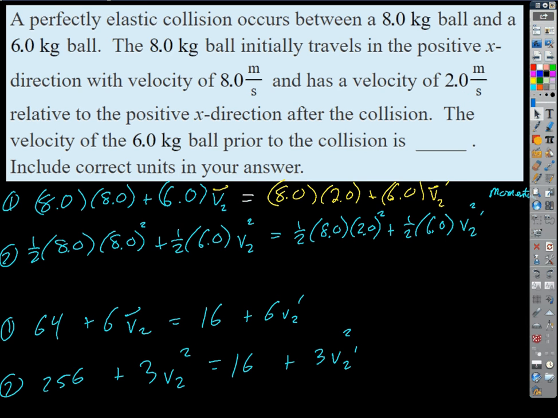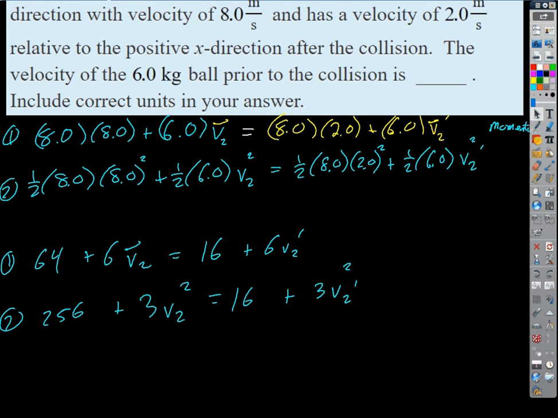So remember, we just said equation 1 is the equation we get from conservation of momentum. In this case, we have to attach a sign to the v's because they're acting like vectors, right?